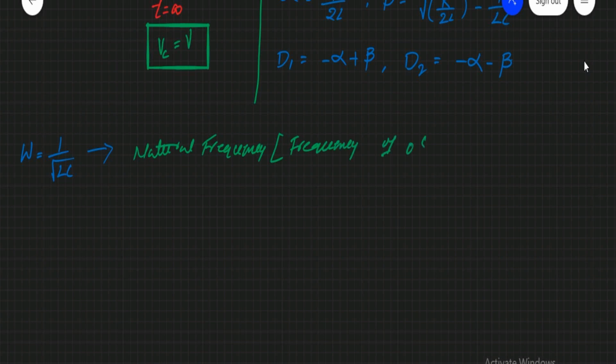So what do we mean by frequency of oscillation? Actually, the inductor and capacitor have a tendency to generate oscillations, but the resistor will try to suppress these oscillations.